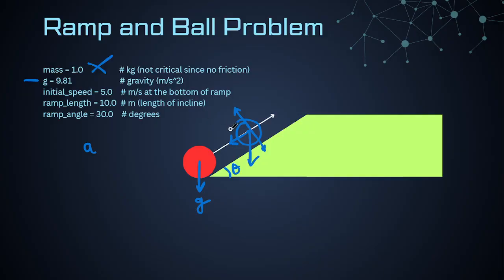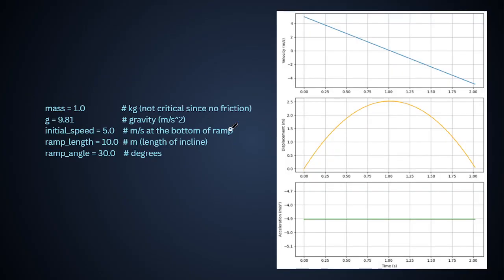So that being said, I then moved on to simulate this. My first simulation was with this initial speed of 5 meters per second. The ramp length obviously was 10 meters and the ramp angle was 30 degrees. So in this case, what I found out was that as the ball moves up, it's obviously starting off at 5 meters per second, but here you can see that at time equals 1, the ball has a velocity of 0, right?